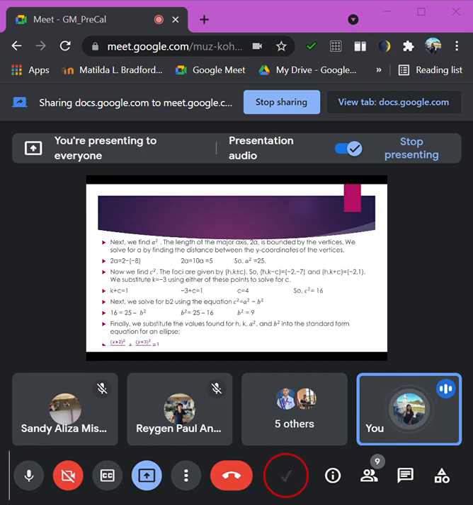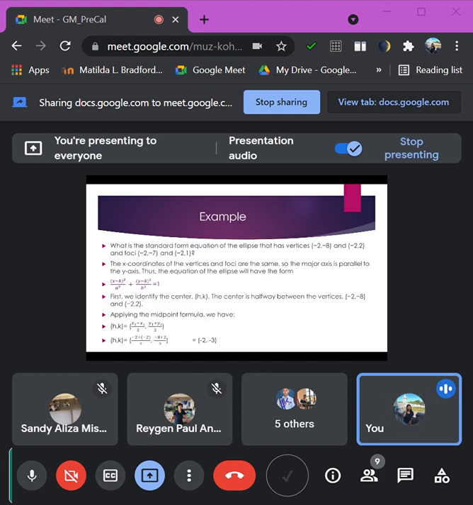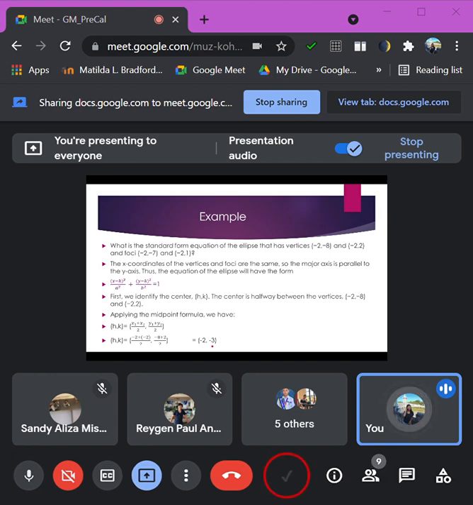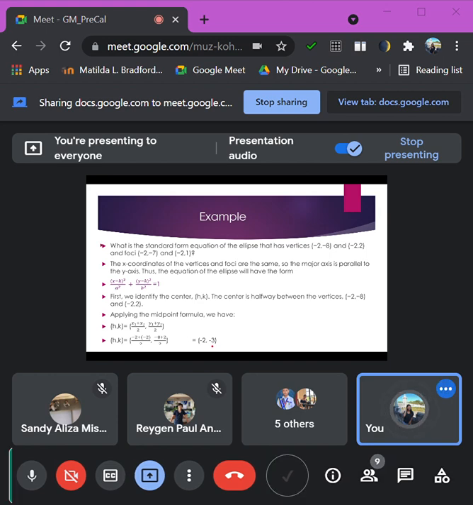So, we substitute our K from earlier that we got from the midpoint. Not 3 but negative 3. Right, what we got earlier from the midpoint? H is this negative 2 and the K is this negative 3. So, we just substitute that.